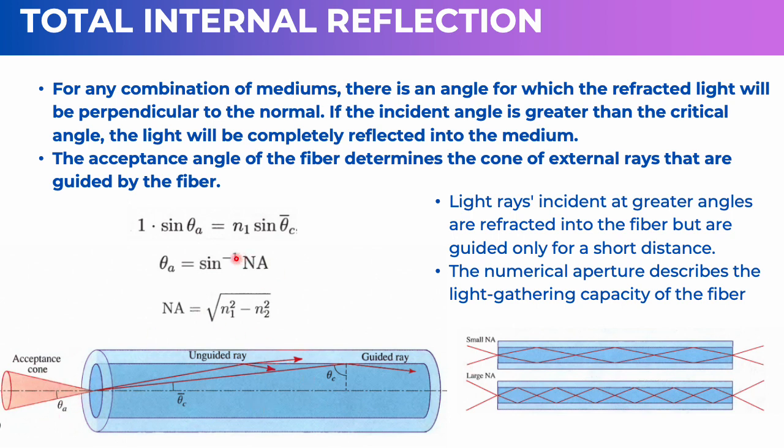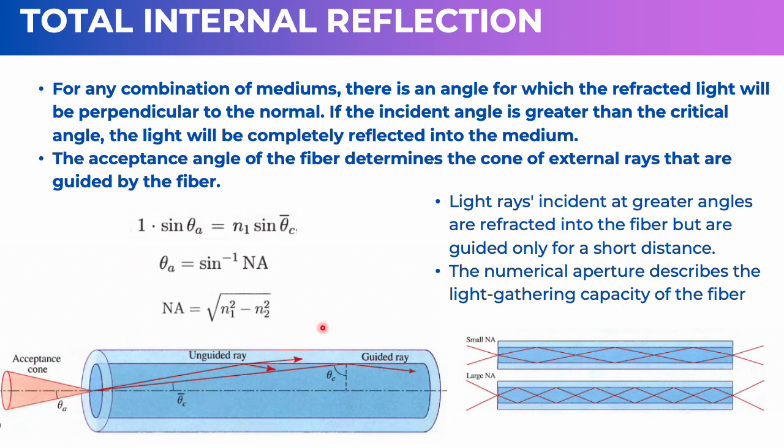The acceptance angle is defined as sine of theta a, that's the acceptance angle, is equal to the numerical aperture, and the numerical aperture is defined to be root over n1 square minus n2 square. We can get this expression by calculating theta c for this, and then using geometry to find what the acceptance angle would be.